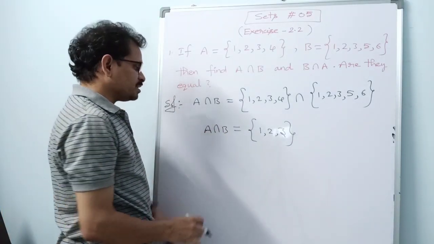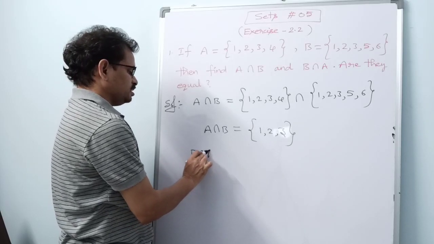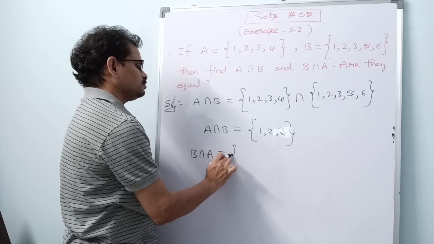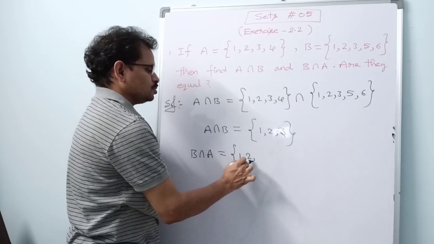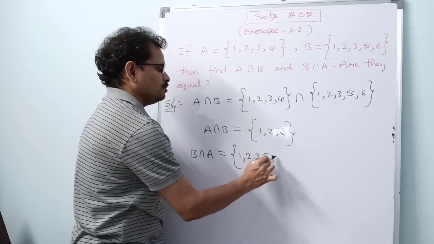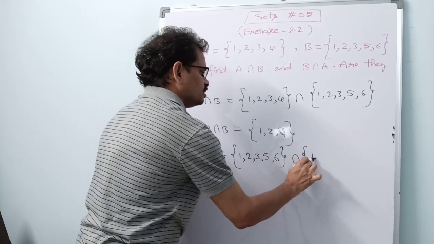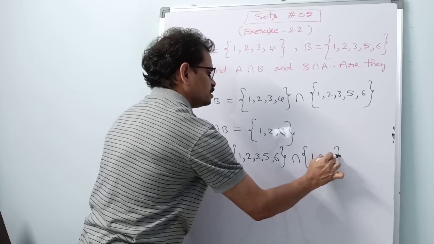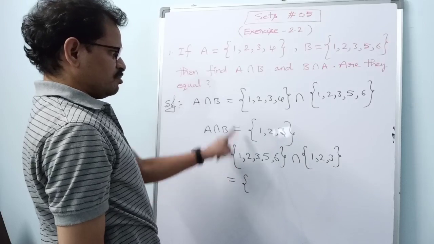Now what is B intersection A? Let us check. First let us write set B, {1, 2, 3, 5, 6}, intersection A, {1, 2, 3, 4}. Again the same process.